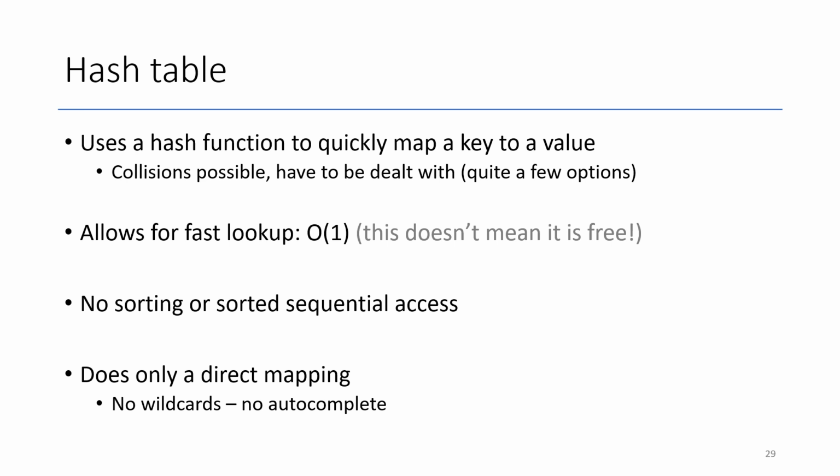You still have to compute something, and it's not instant. You don't need any sorting or sorted sequential access, which is very good for our inverted index. But it only does direct mapping. So there are no wildcard queries, and you can't do autocomplete easily with that.